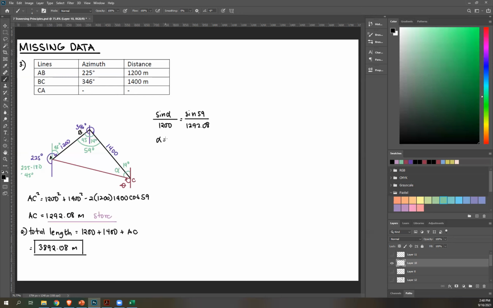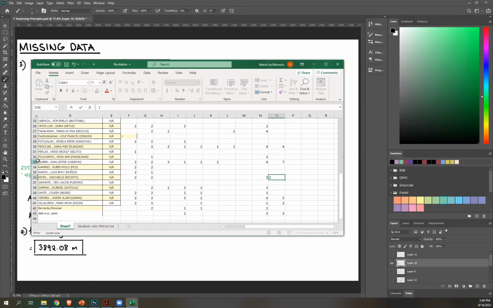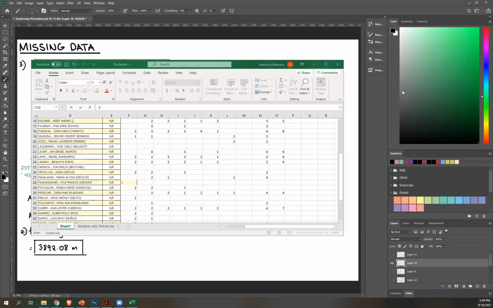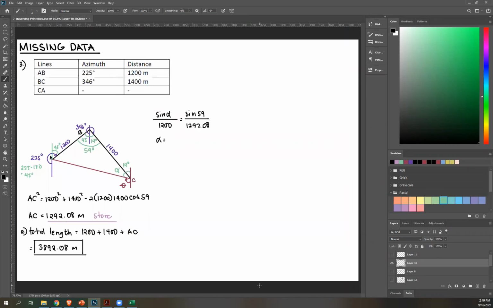Correct, John. Correct, Lapid. That was 52 degrees, 45 minutes, 26.92 seconds.